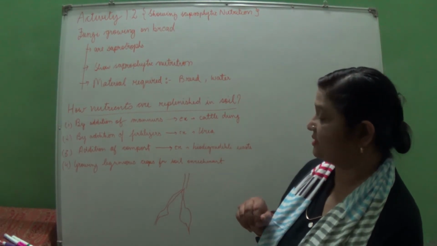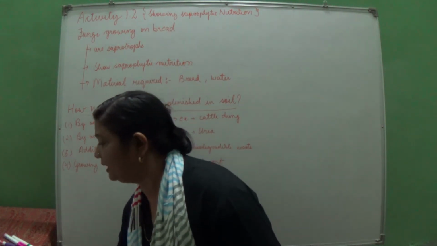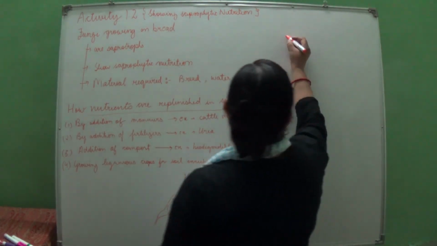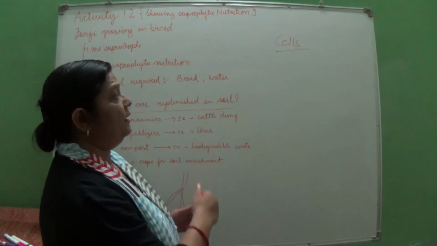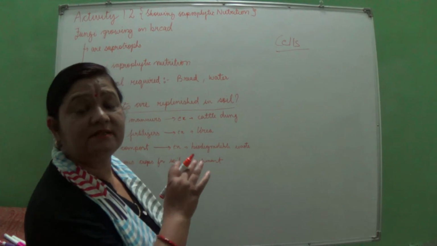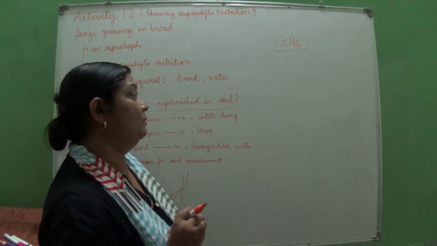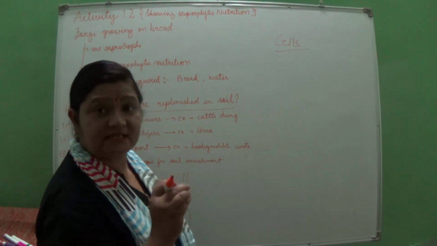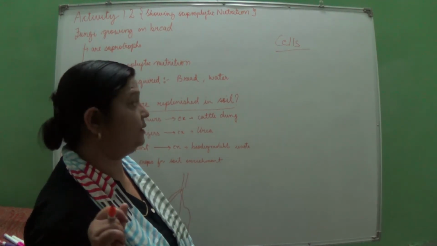Now one more extra topic which has been given in the book is what are cells. We'll be studying that also. So what are these cells? Cells are the fundamental unit of living organisms. They are very tiny, microscopic in nature, but through the microscope we can see them.